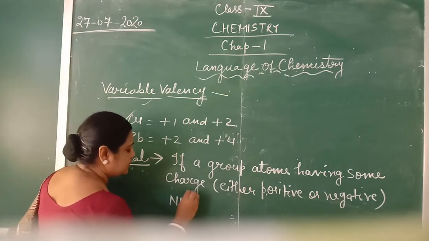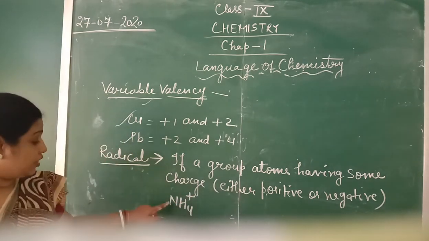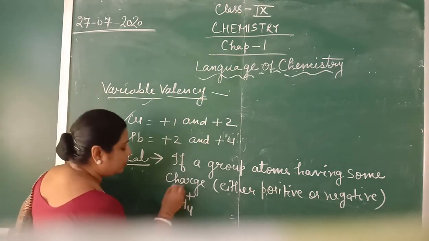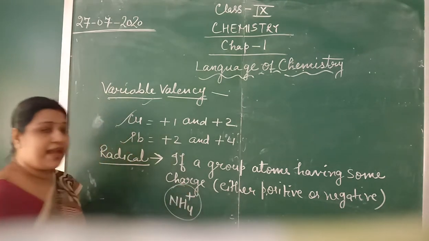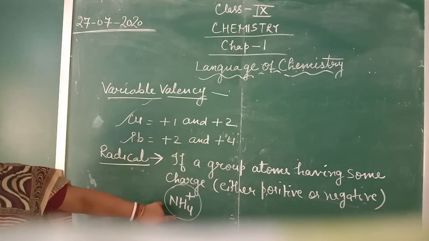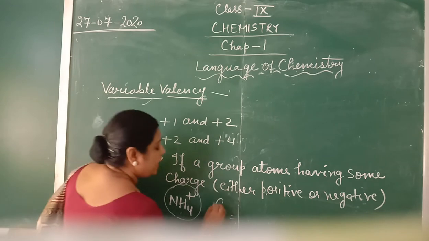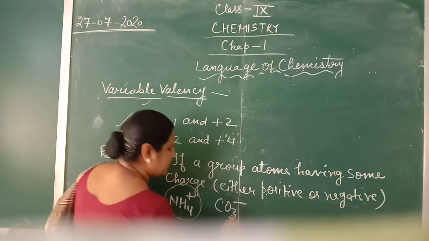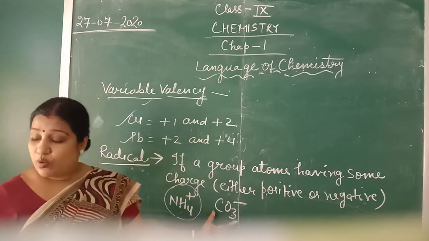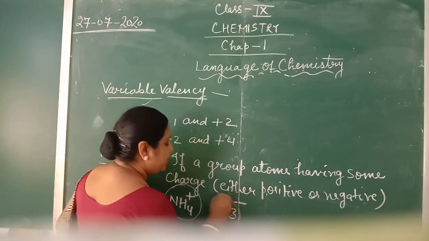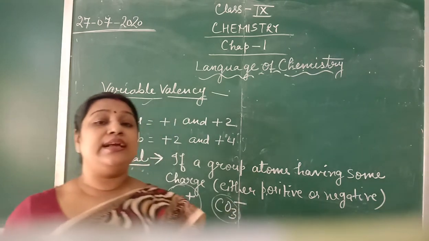Like NH4+. This is a group of atoms, not the single atom nitrogen, but they are not behaving separately, they are working as one. Ammonium ion, ammonium radical this is. CO3 minus, having the minus charge. This is the carbonate radical, a group of atoms, but working as a single unit.